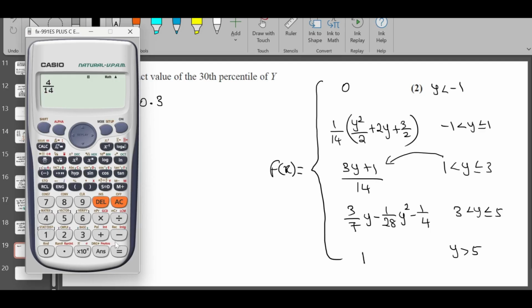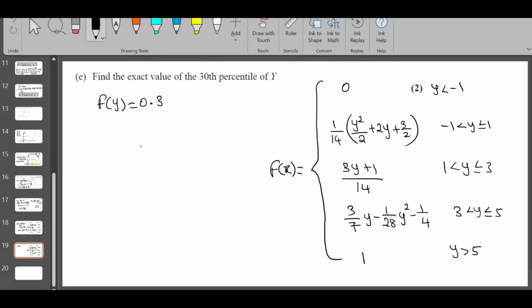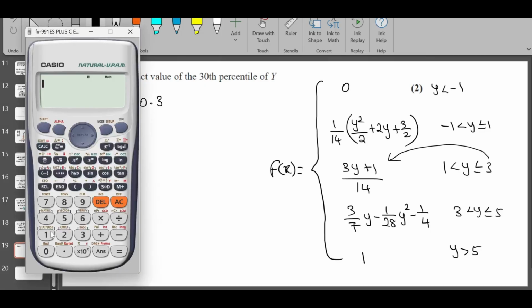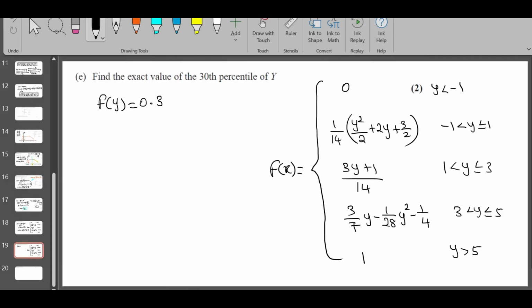The value of the function is 0.28. So we need to check where that 0.3 lies. When we sub in 3, that's going to be 3 times 3 plus 1, 10 over 14, about 0.7. So 0.28 to 0.7 is here, so definitely 0.3 is also here, right?